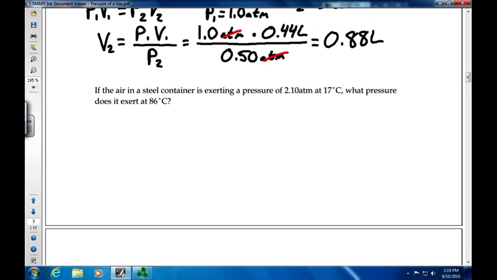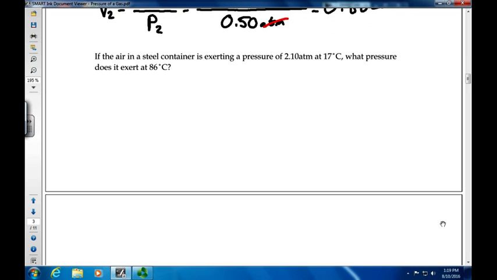Let's look at the last problem. If air in a steel container is exerting a pressure of 2.10 atmospheres at 17 degrees Celsius, what pressure does it exert at 86 degrees Celsius? So it's air in a steel container. It's contained, and the container is steel.